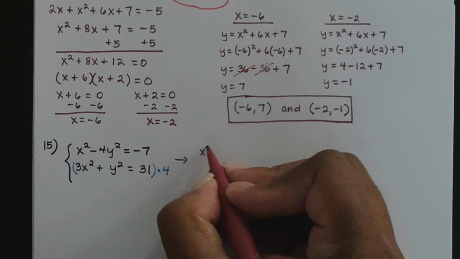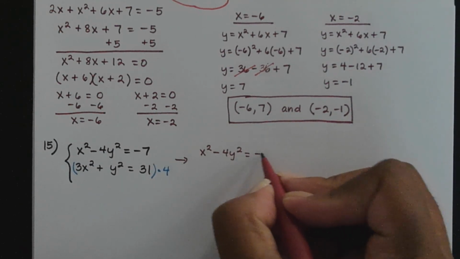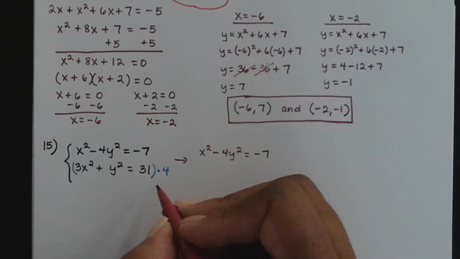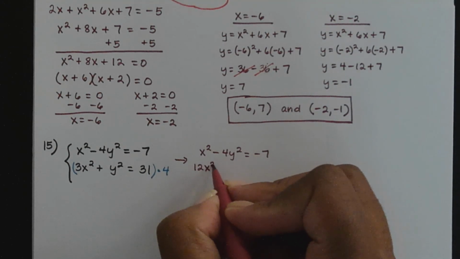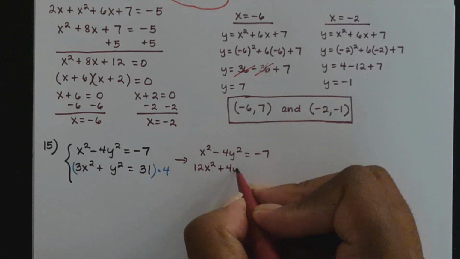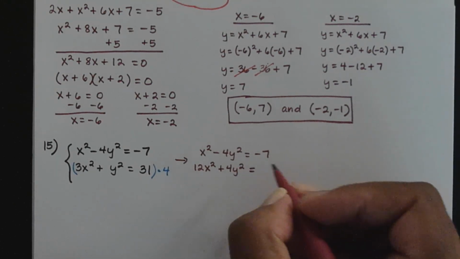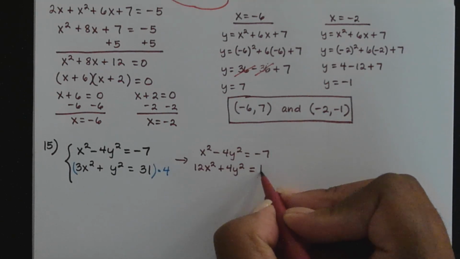So now when I do that, the first equation, I'll just go ahead and bring that over. x squared minus 4y squared is equal to negative 7. The second equation, 4 times that 3x squared would be 12x squared, plus 4 times the y squared would be 4y squared, and then 4 times 31 would be 124.